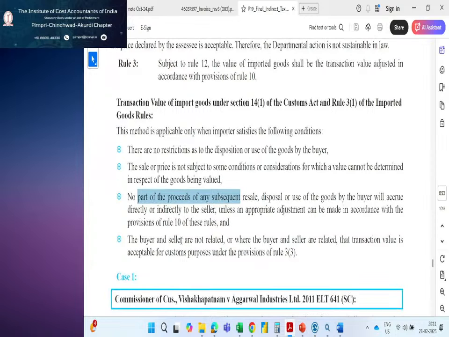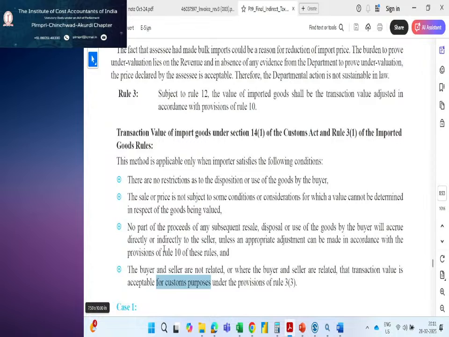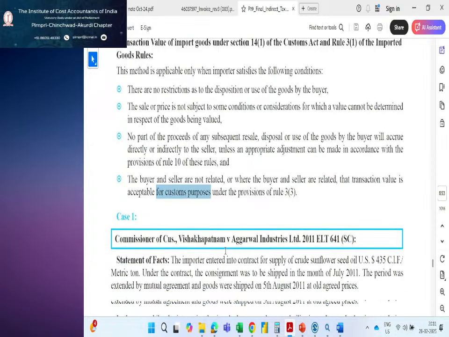The buyer and the seller are not related. Where the buyer and seller are related, the transaction value is acceptable for customs purposes under Rule 3 subsection 3. So even if they are related, we should have proper supporting documents or evidence to prove that the price is not influenced due to the relationship.